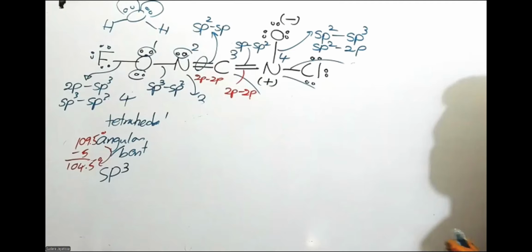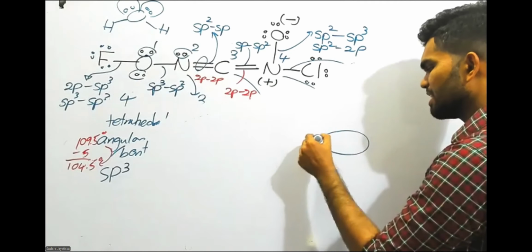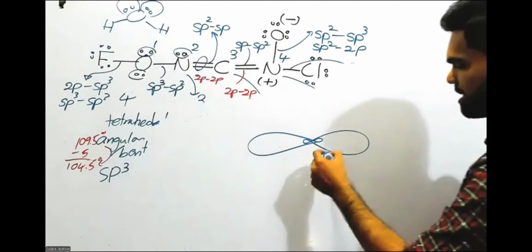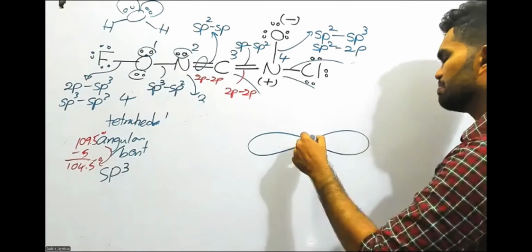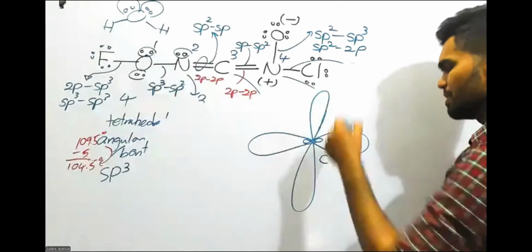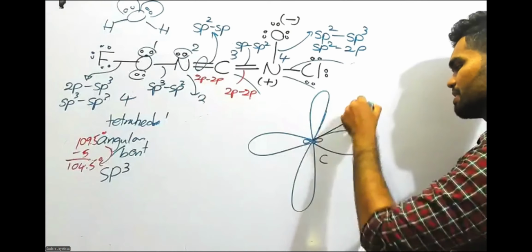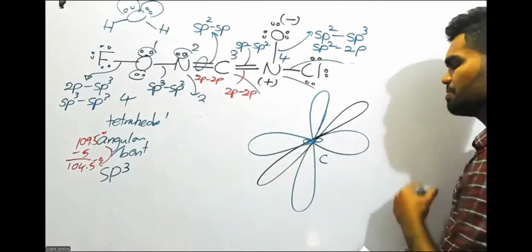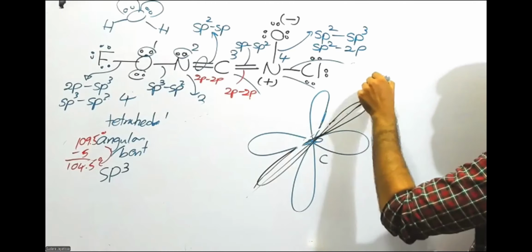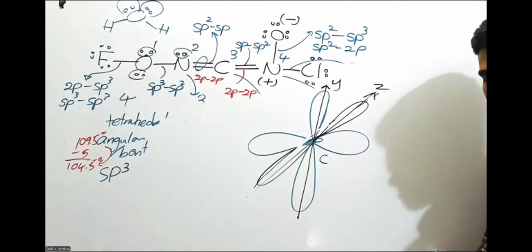If you take these two pi bonds, the central carbon, like I said, has undergone sp hybridization, right? And this is the carbon, okay? It has a p orbital which is perpendicular to this one along the bond, and another p orbital which is perpendicular to this one. This will be along the z axis and this will be along the y axis.